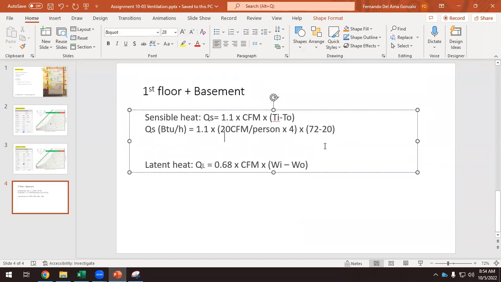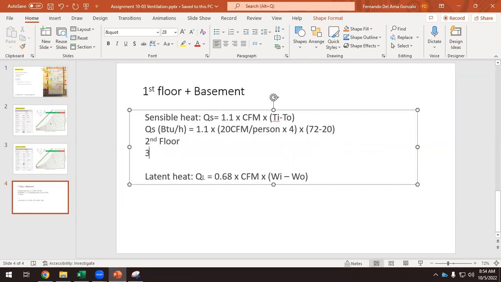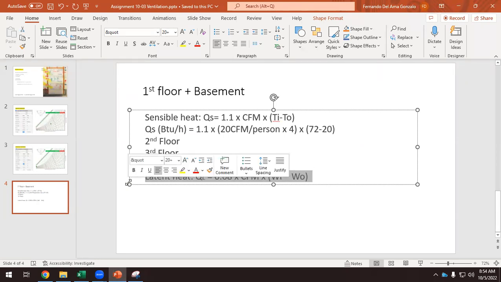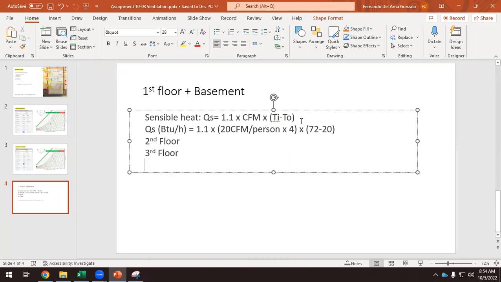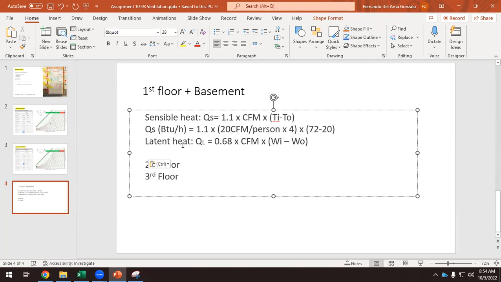Then we have the second floor and the third floor. And finally, okay, so here we have the sensible heat and latent heat.